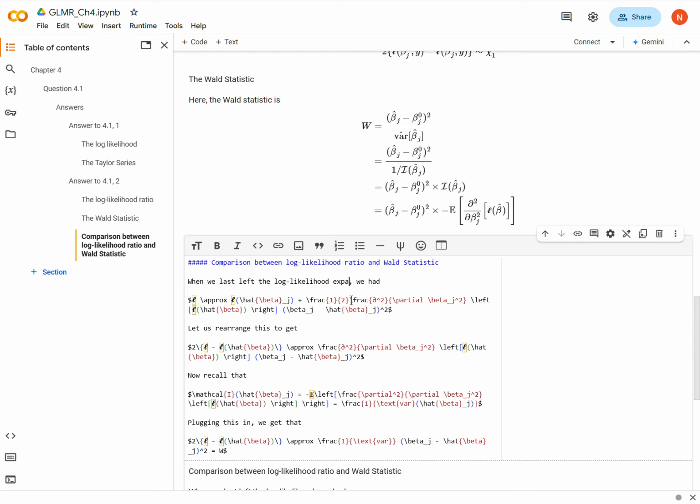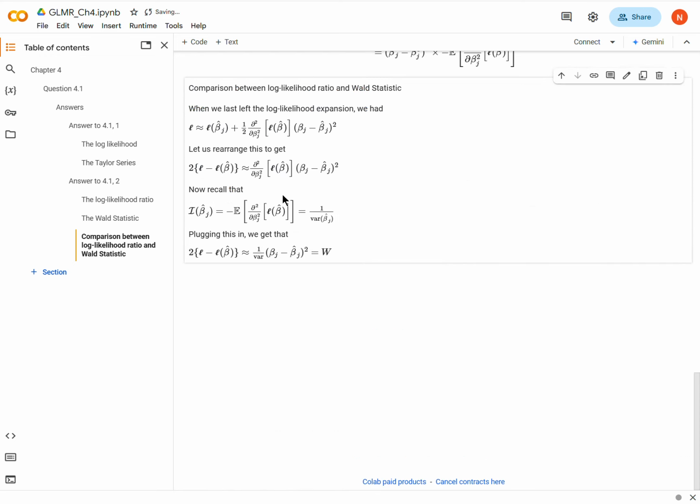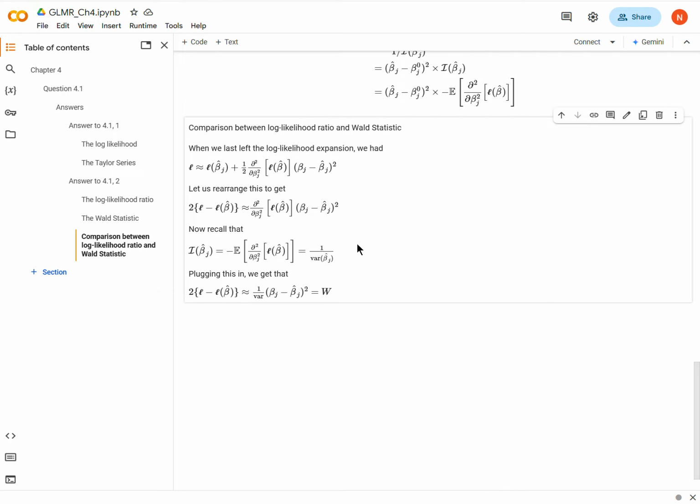That's the expansion. And so I'm going to just rearrange this thing. I'm going to subtract the log likelihood of beta hat over, and then I'm going to get rid of this pesky 1/2 by multiplying everything by 2, and we get this equals this over here.